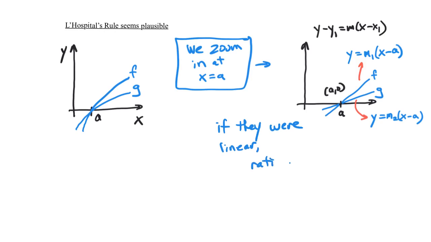The ratio of f to g would look like this. If they really were linear, we could have this ratio of the two. And then, of course, this would cancel, and we would get m1 over m2. Well, m1 and m2 is the ratio of their slopes.